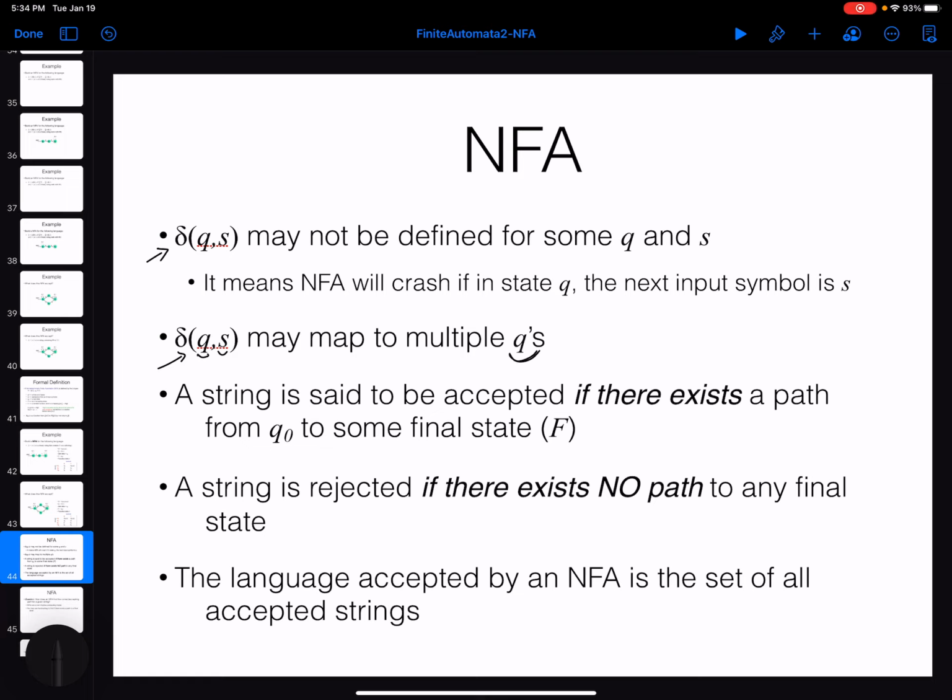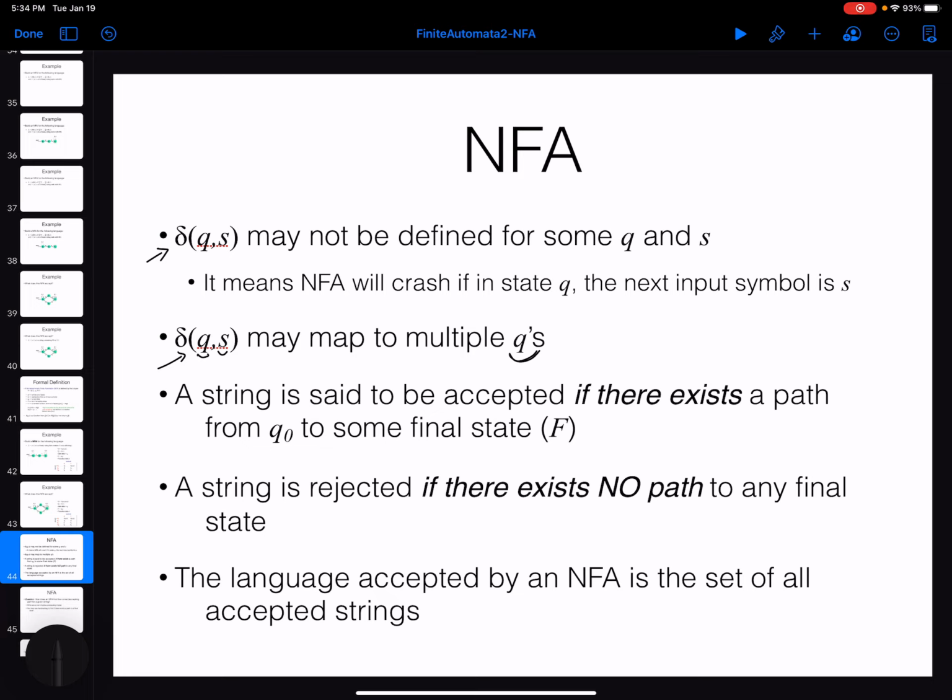The other thing about the NFAs is that if you are going to accept a string in an NFA, it is enough if you can find one set of choices, one path that starts from the starting state and ends up in one of the final states, an accepting state.